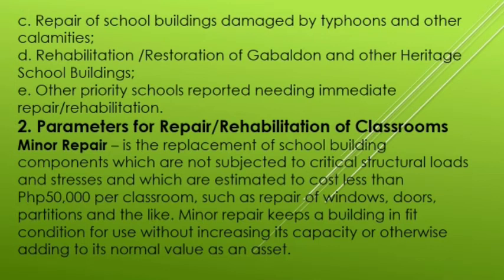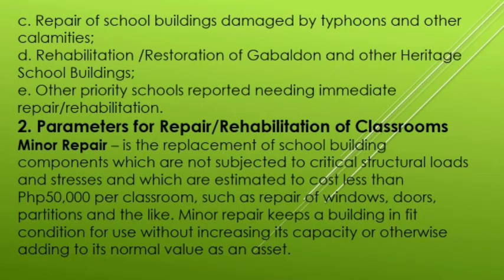And of course, if rehabilitation or restoration of Gabaldon and other heritage school buildings and other priority schools reported needing immediate repair or rehabilitation. So after we have the manner of allocation, na natin kung anong magkano na budget.